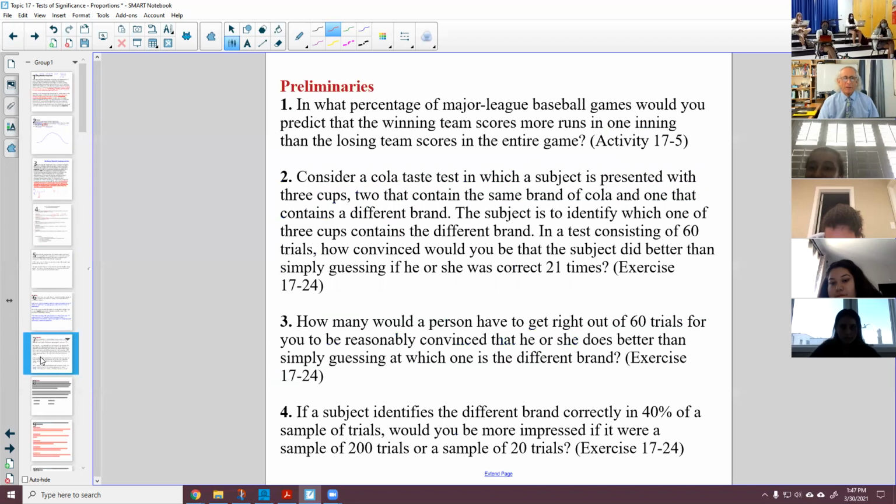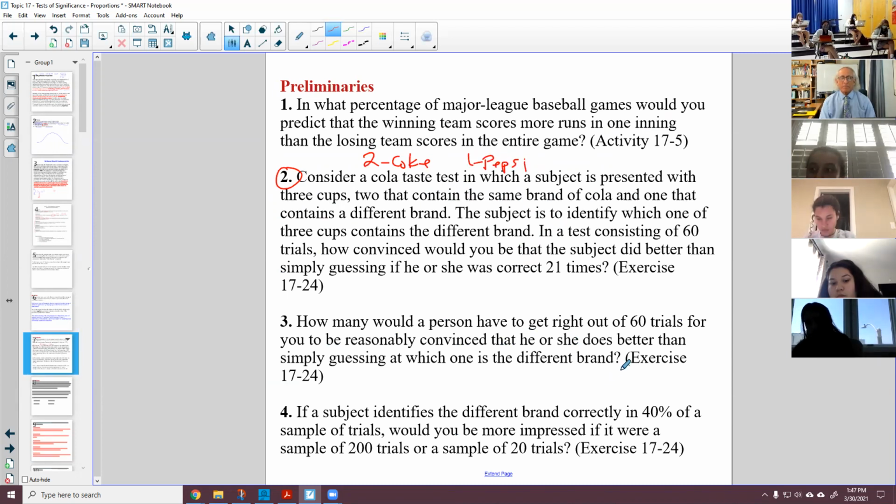All right, so let's have a little discussion here. I'm looking at number 2. We're going to consider a cola taste test. We have 3 cups: 2 Coke and 1 Pepsi.